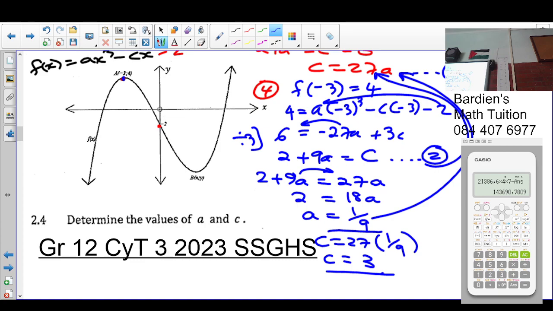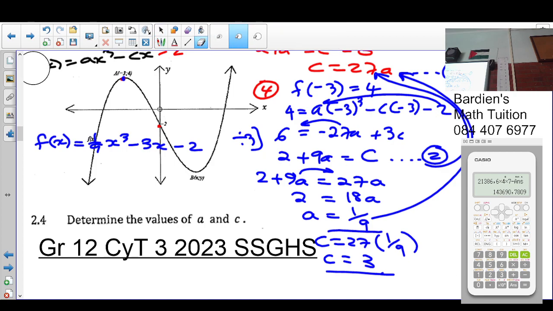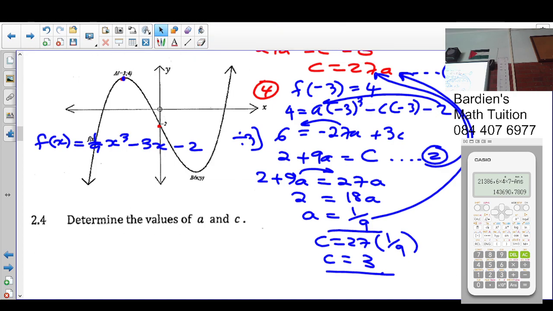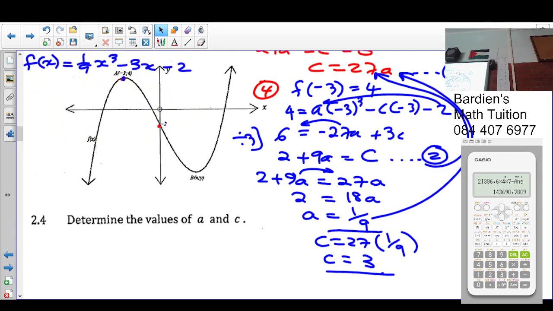So my equation now reads f of x is equal to 1 over 9 x cubed minus 3x minus 2. That's my equation now.